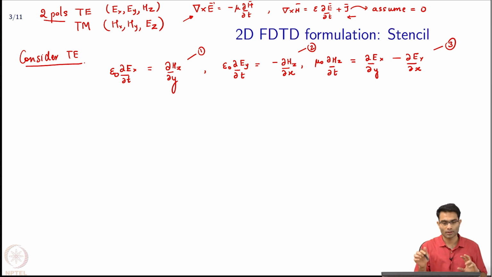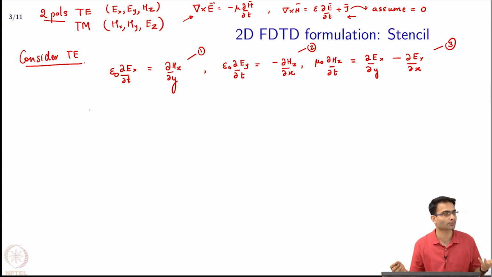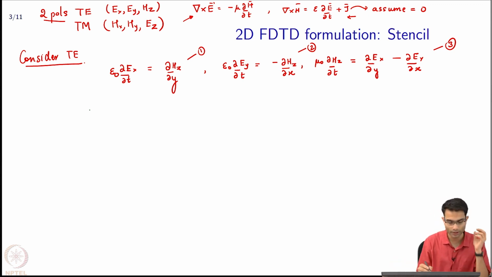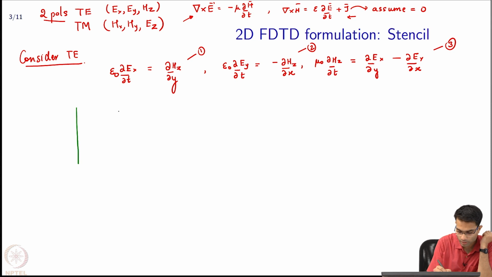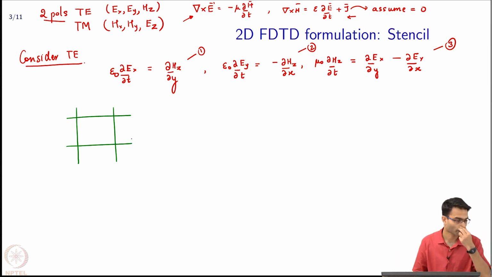So, the way to do this is, you have to make a grid. Obviously, it's a two-dimensional problem. The unknowns are on a grid, right? So, I make a grid. So, this is a repeating grid. I am just showing one unit cell, okay?